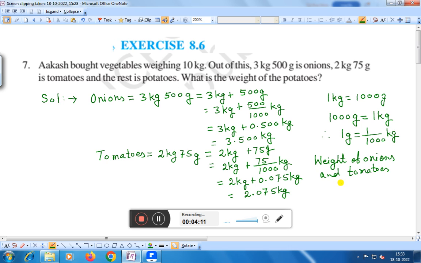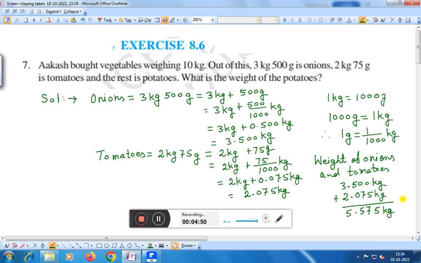The weight of onion is 3.500 kg and the weight of tomatoes is 2.075 kg. If we add the numbers, we are getting 5.575 kg.